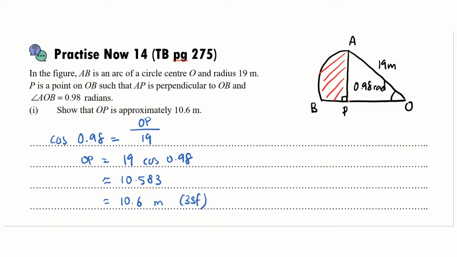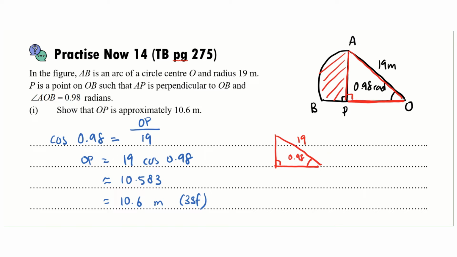OP is this length here, and it can be considered to be part of this right angle triangle. If I refer to this right angle triangle, we have the hypotenuse of this triangle, and we know the angle to be 0.98.